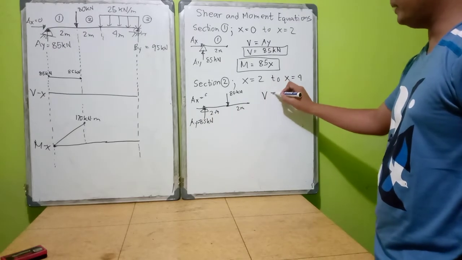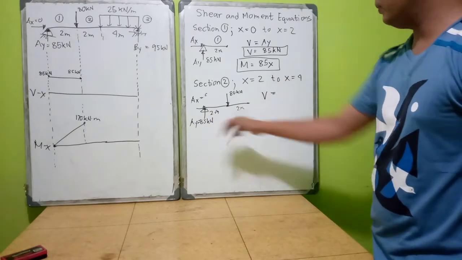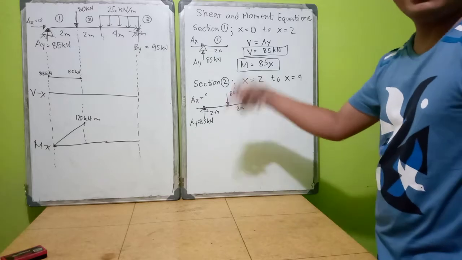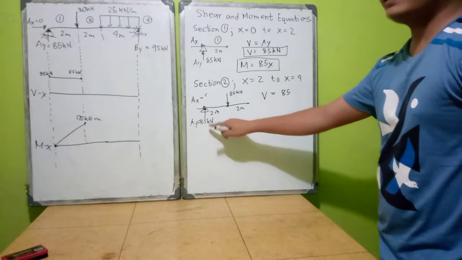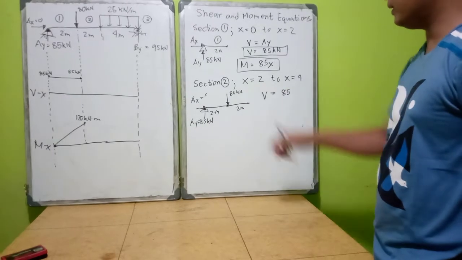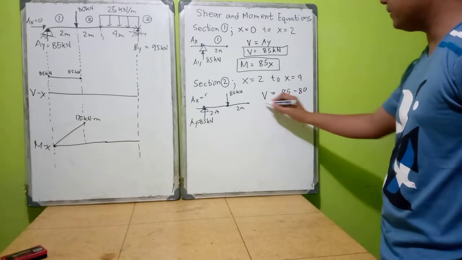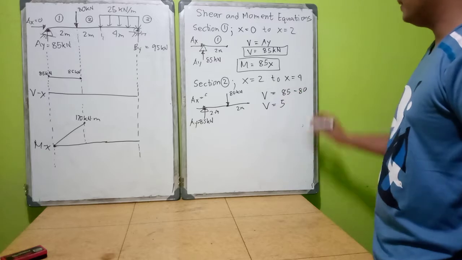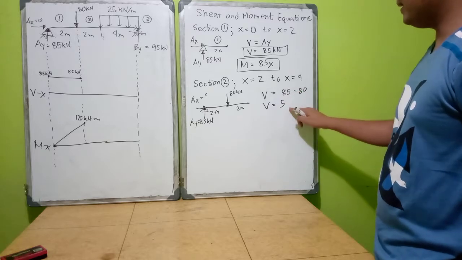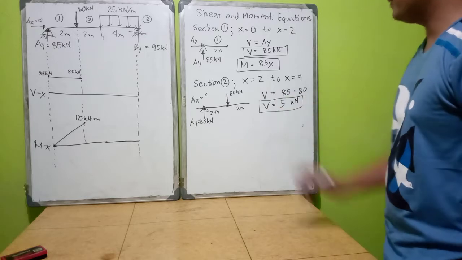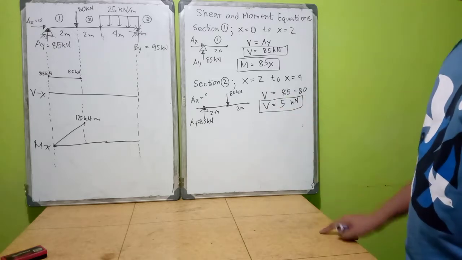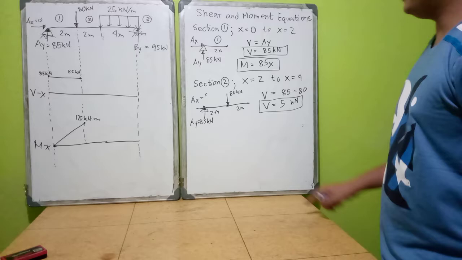So your B is equivalent to the sum of these forces. You have 85, because it's upward, so it's positive, and then downward 80, so it's negative 80. So your B here is 5. Since it is a constant, it will become 5 kilonewton. So that is your shear equation at this point.